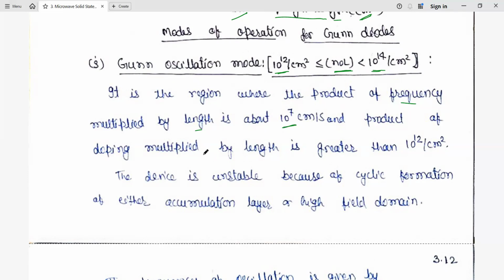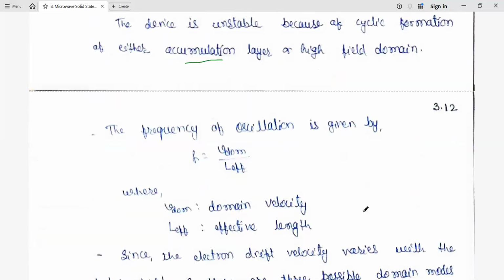In this range, the device is unstable because of the cyclic formation of either accumulation of charges at the layers or a high field domain. Due to accumulation and the high field domain, instability is there.